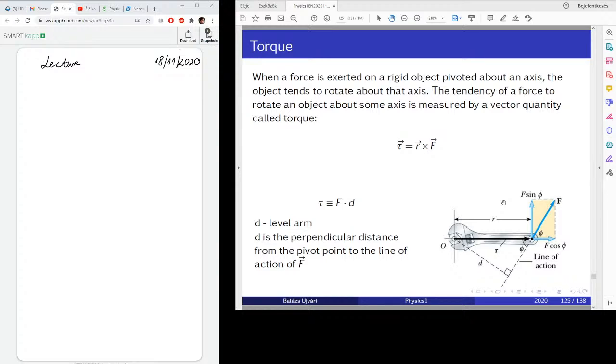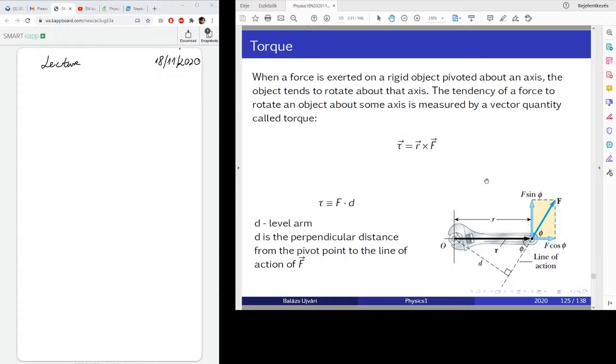Let's go through the theory, which is on the slides, and I will add a few slides with this calculation, but I can finish it only for tomorrow, so we can even stop the smart cup and just go through the presentation. So what is torque?